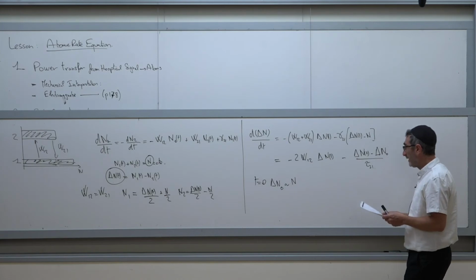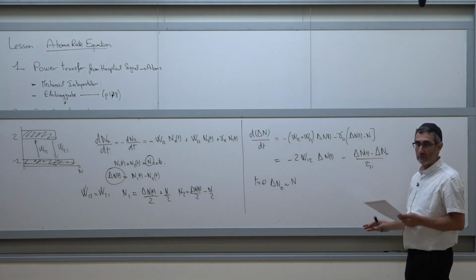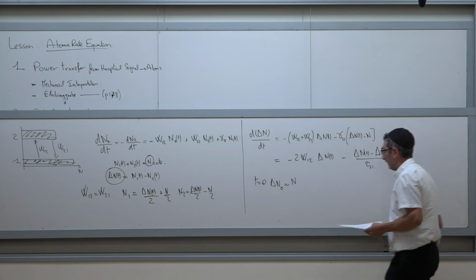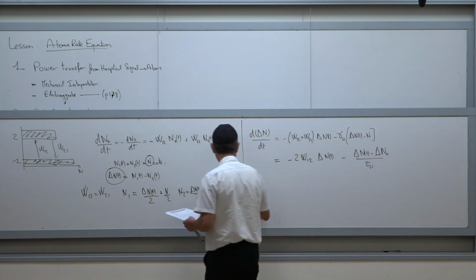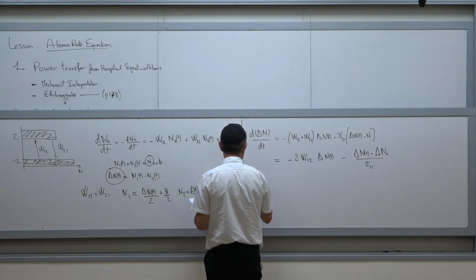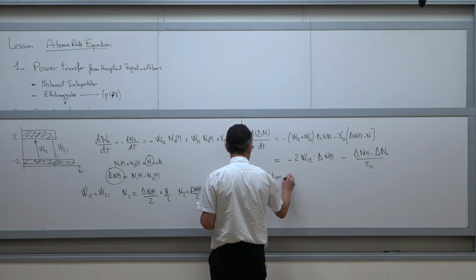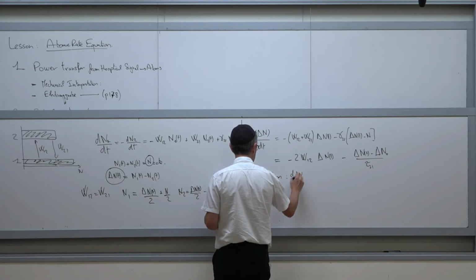So we can solve this equation in the simple case where we reach the steady state. That's always the way to do that. If I write the steady state solution, d of delta n over dt equals 0.